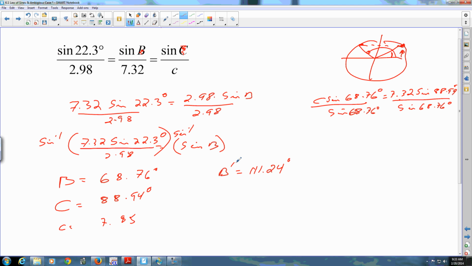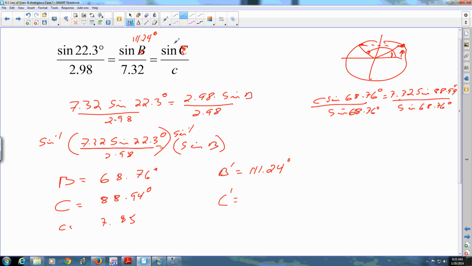If B instead was 111.24 degrees, that gives you an entirely different angle C. You still find angle C by finding the supplement for these two angles, so I cut them off of 180.